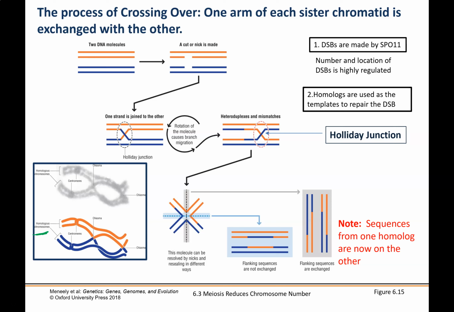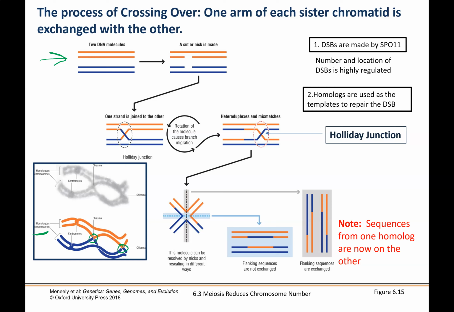And they are going to actually line up and produce a break and exchange information between one another. And so this happens by the lining up of your sister chromatid pairs. On one side of each pair, one molecule of each pair is going to be cut or nicked.